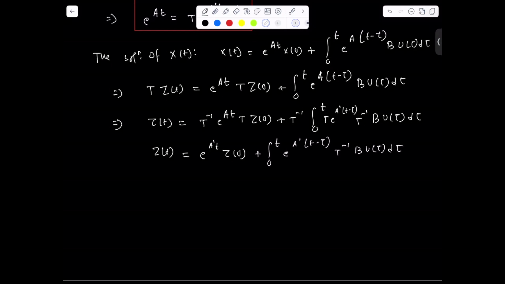So this is the solution of the transformed system.